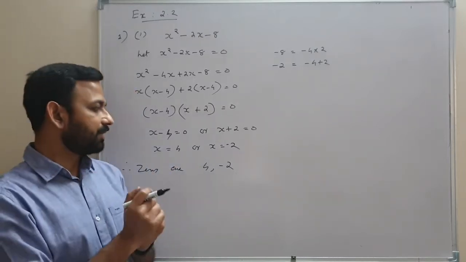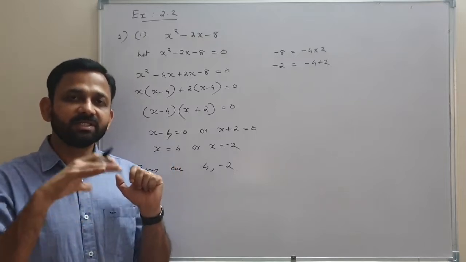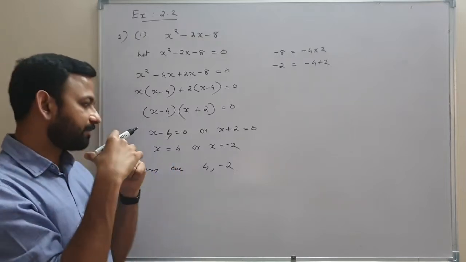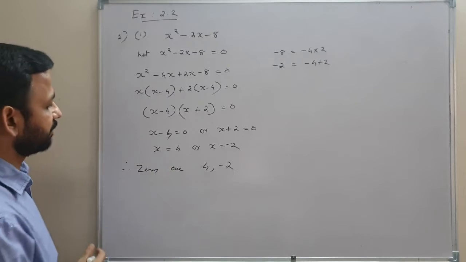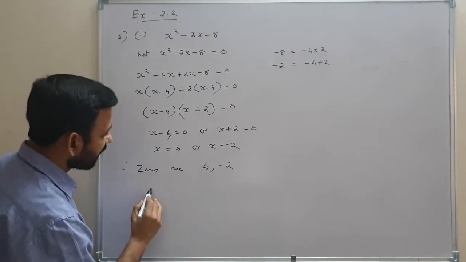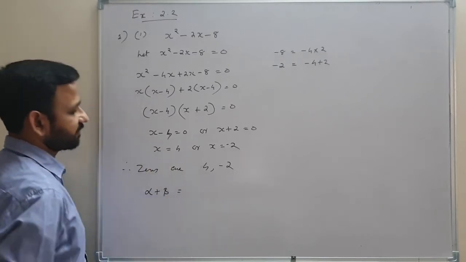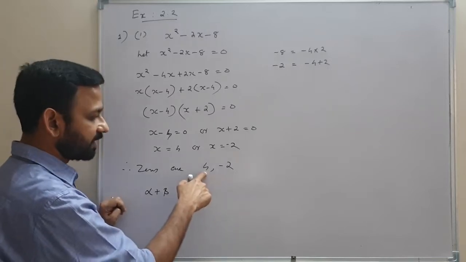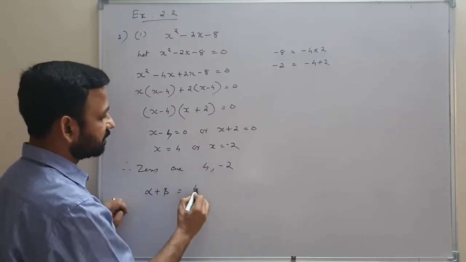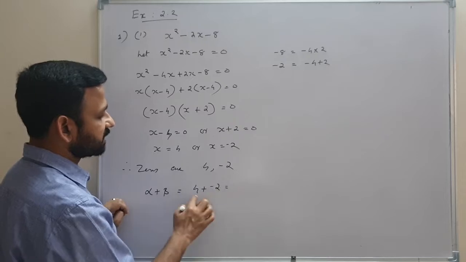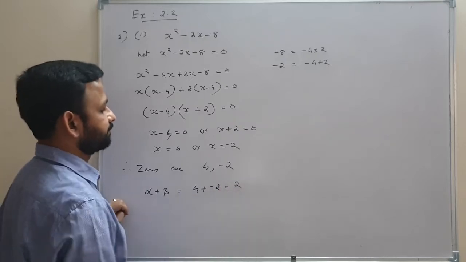Now we are going to verify the relationship between zeros and coefficients of the polynomial. So the relationship is alpha plus beta. Alpha plus beta we can find. Alpha is 4 and beta is minus 2. 4 plus minus 2 is 2.